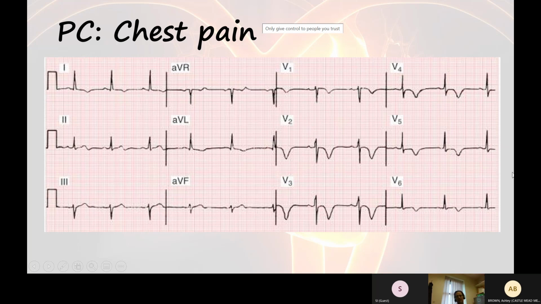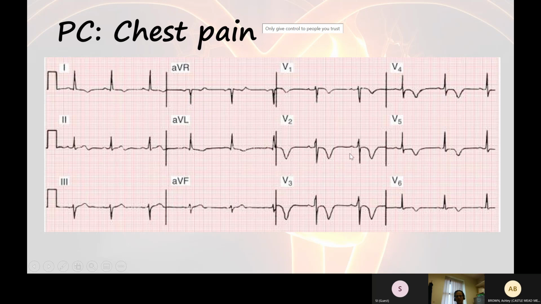So it's another type of presentation with chest pain. And this is deep anterior T-wave inversion extending from V1 all the way through to V6. There isn't any obvious ST elevation, and there aren't any ST depression or reciprocal changes.